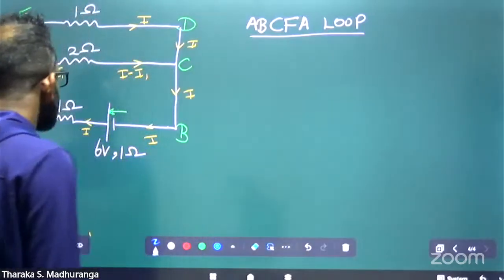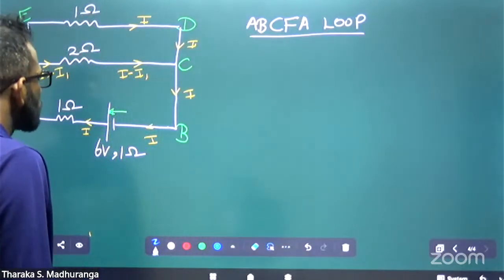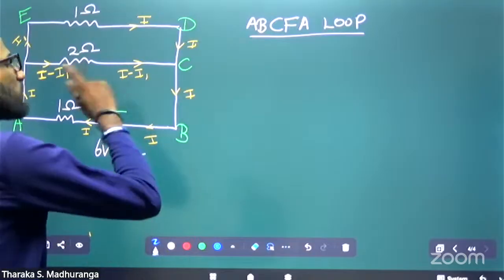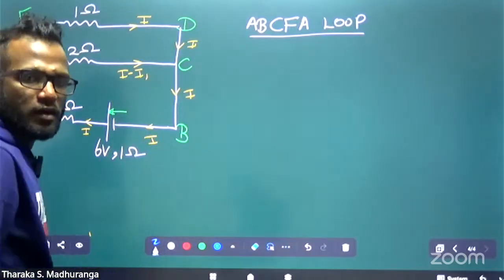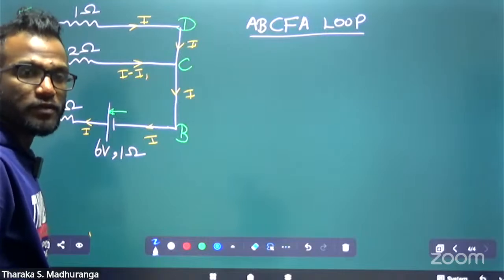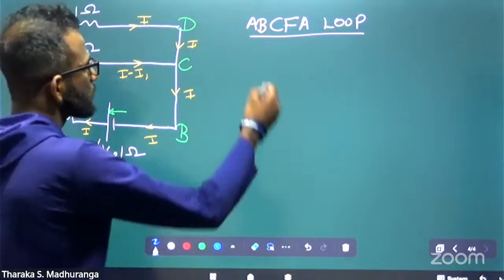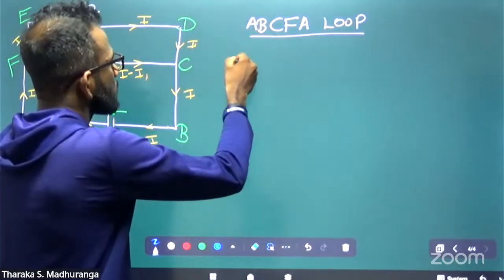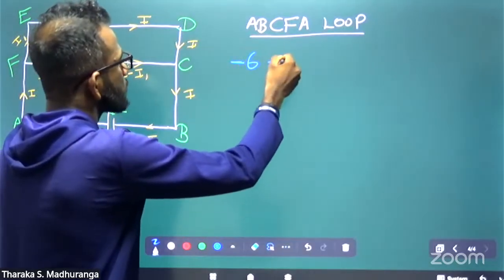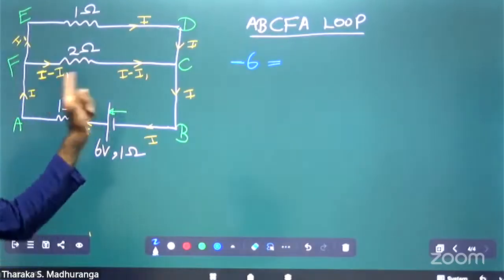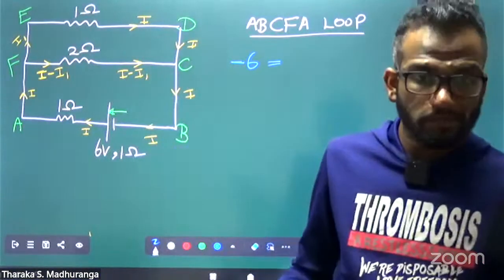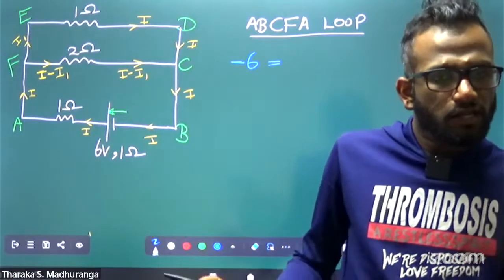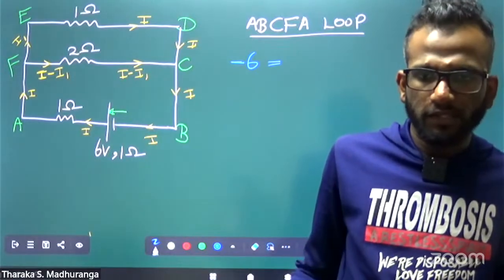Okay, now I'm going to start from A, B, C, F. Overall there is one cell, and its electromotive force direction is opposite to our direction, so it is minus 6 equals. Now A to B, our direction and the current direction are opposite.